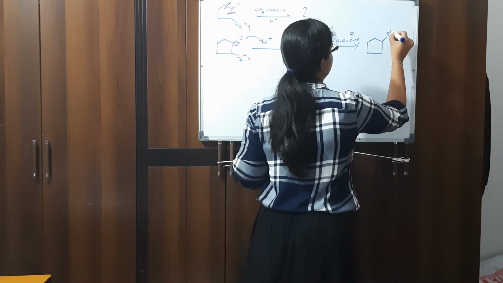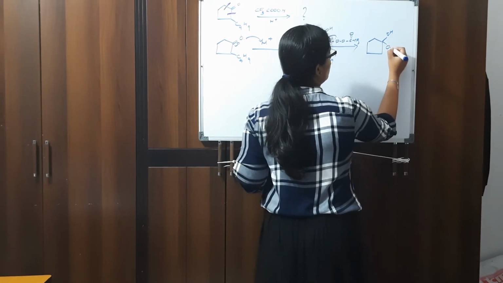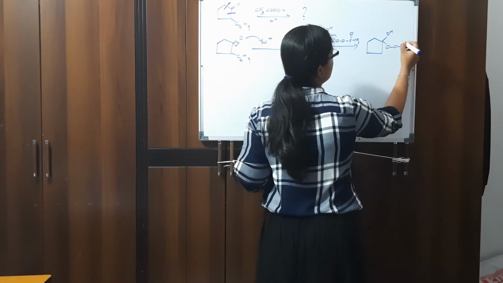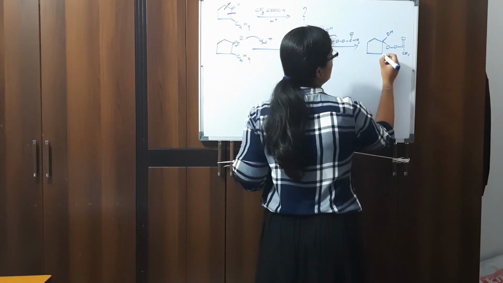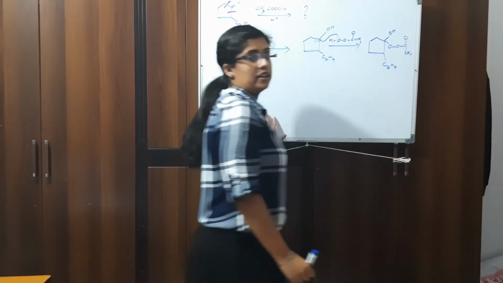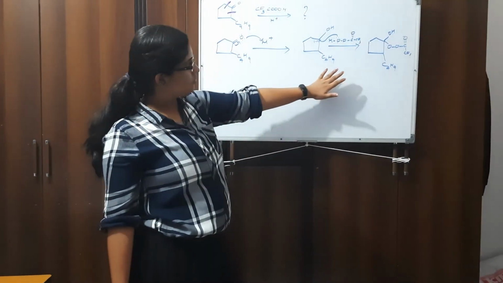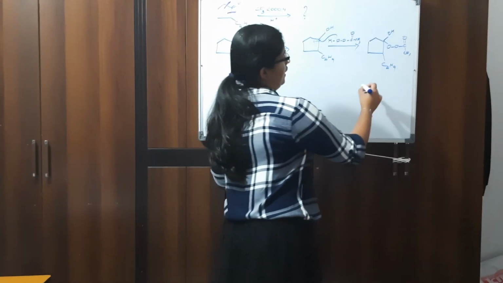OH is there as such. Apart from that, there is O, and the C4H9 group is also there as such, right? This is what's going to happen. Now what happens? The shift takes place, right?